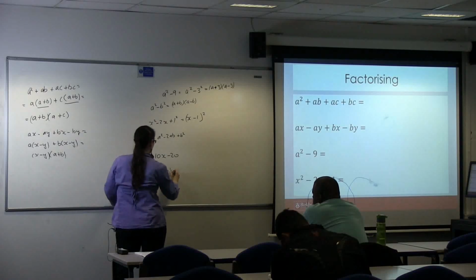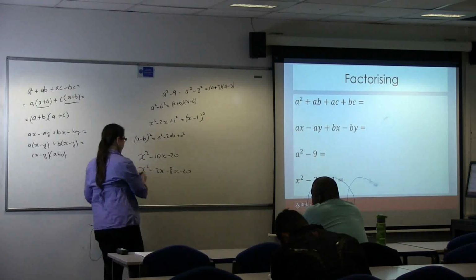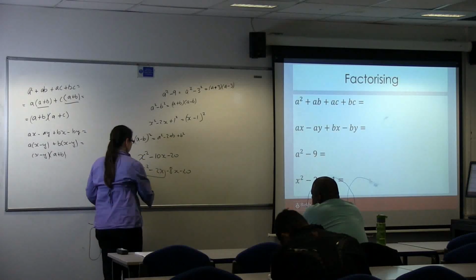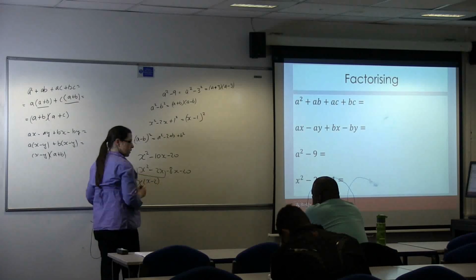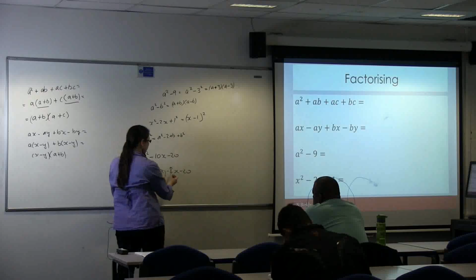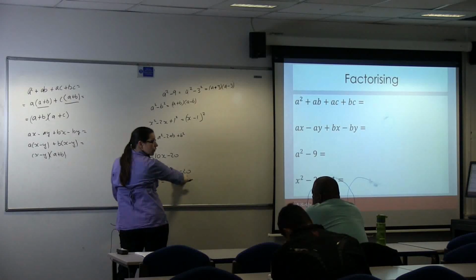and minus 8x minus 20. And in that case, the first 2, I can factor the x out, and I've got x minus 2. In the second, I see negative in both, and I see that the 4 comes out from both of them.